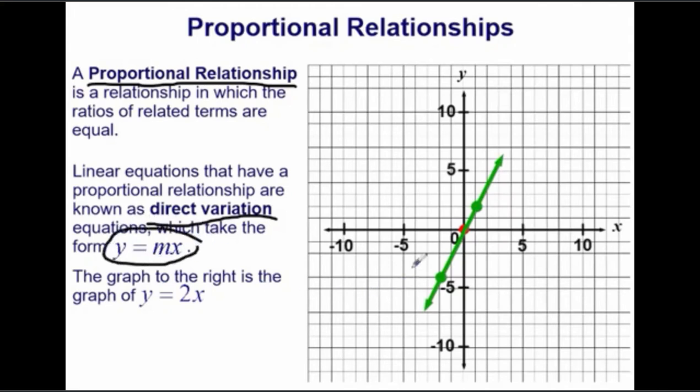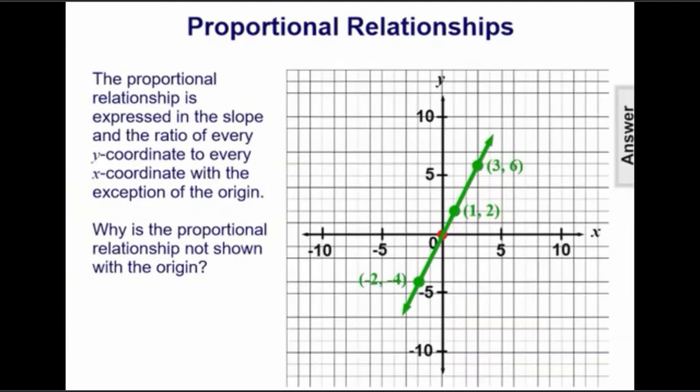The graph to the right is one example of a direct variation or a proportional relationship, y equals 2x. It goes through the origin and has a slope of 2. The proportional relationship is expressed in the slope and the ratio of every y coordinate to every x coordinate, with the exception of the origin.